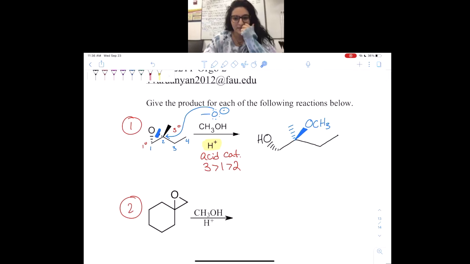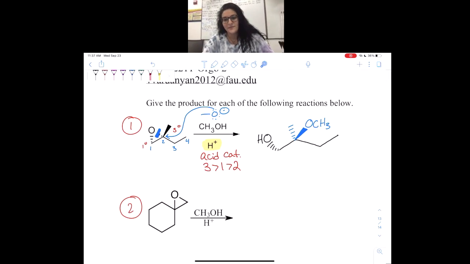Okay, because when I'm doing the Wiley answer, I always look for them being trans, so I didn't know if that was accurate or not. Yeah, because you are doing a backside attack, so they would have to be opposite in a majority of cases. Great point. Thank you for that.